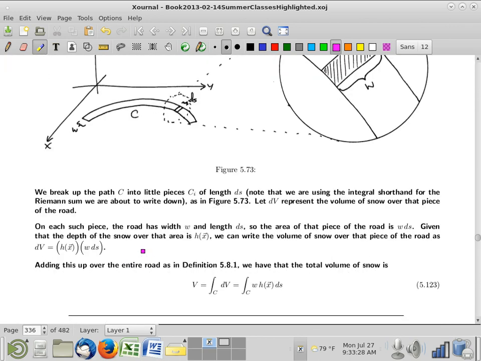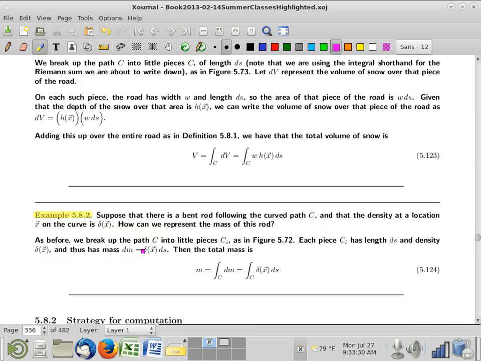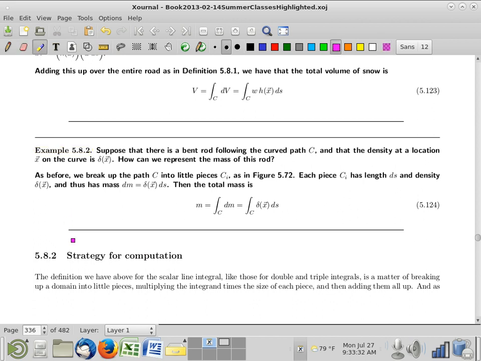For example, if I want to compute the mass of that rod, well, the total mass is the sum of the little pieces of mass. When you chop it up in little pieces, said differently, mass accumulates, right? And furthermore, on each little piece, mass is mass per unit length times length. Okay.